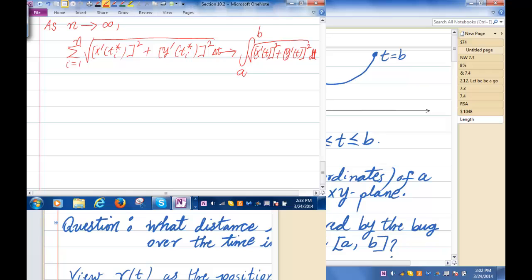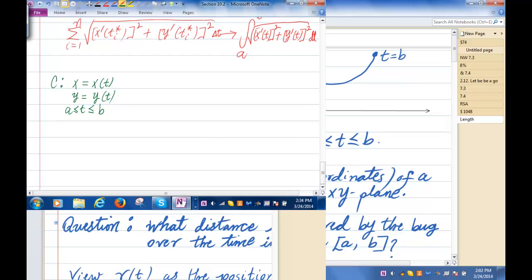So the conclusion is, if I have a curve C, where x is x of t, y is y of t, and t is between a and b, then the length of this curve is given by the integral from a to b of the square root of x prime of t squared plus y prime of t squared, dt.